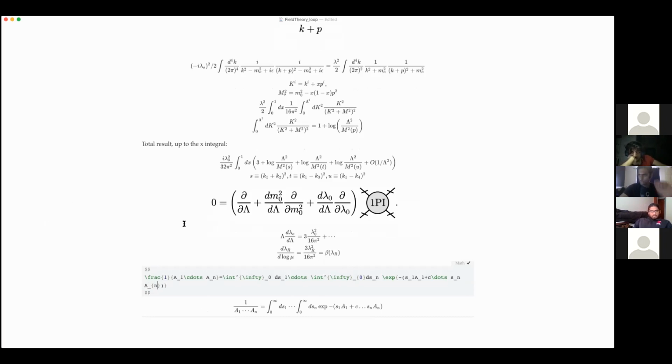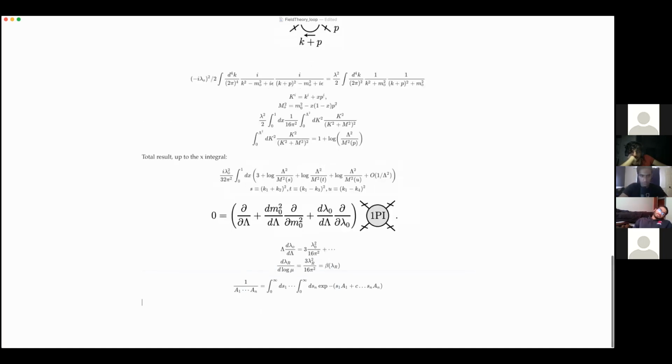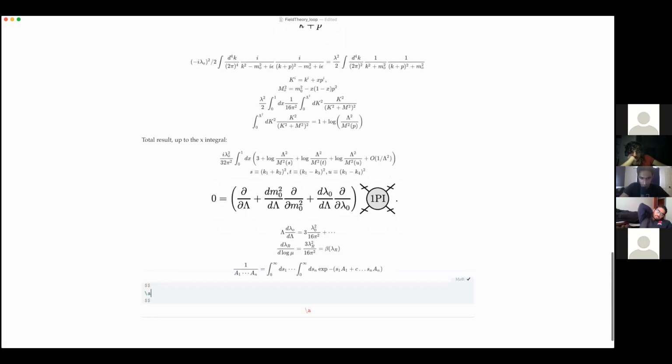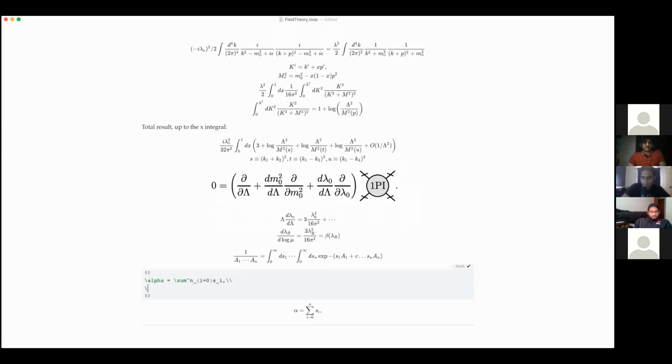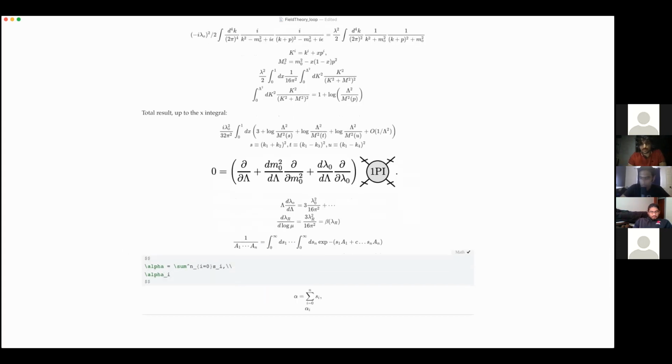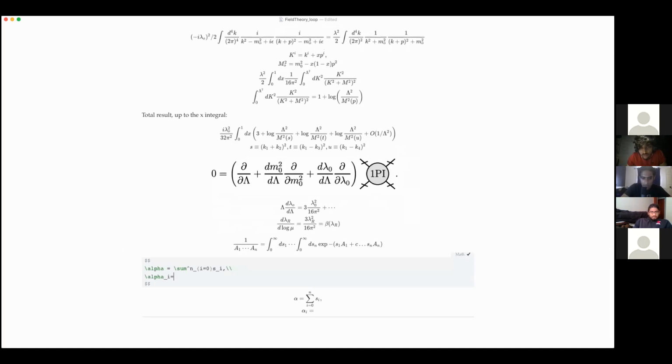Well, first we do some substitutions. Let's define an alpha, which is the sum over the s's, all the way to n, where i starts at 0. And then let's define some index quantity, which is s sub i.